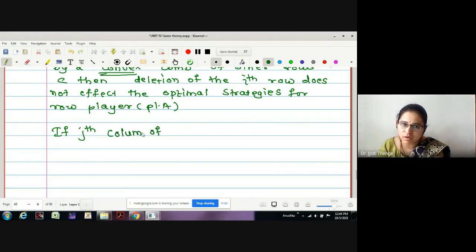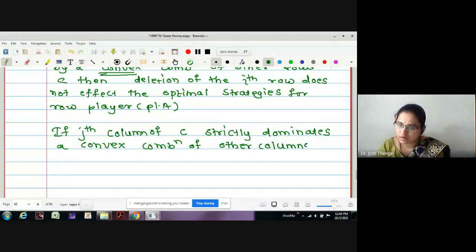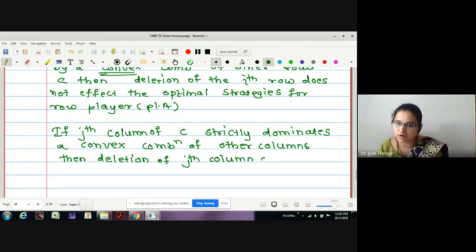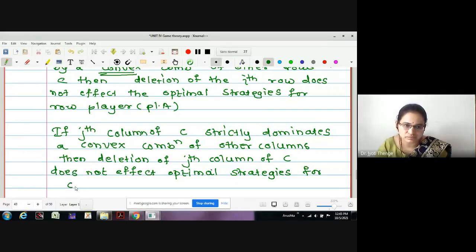If the jth column of C strictly dominates a convex combination of other columns, then deletion of the jth column of C does not affect the optimal strategies for column player. What is column player? B.